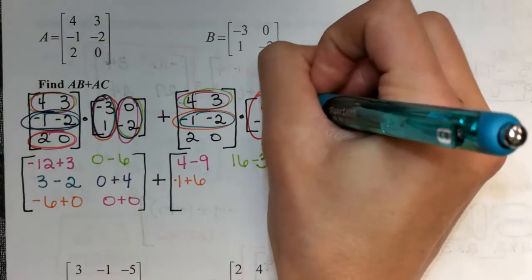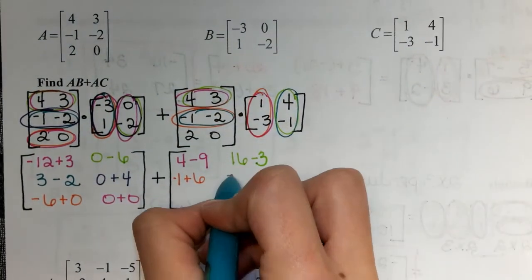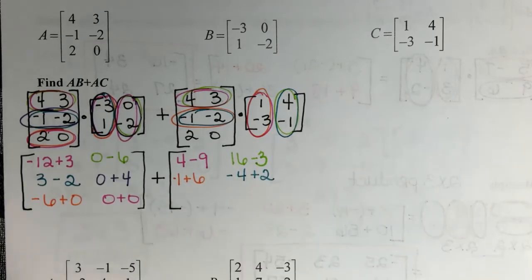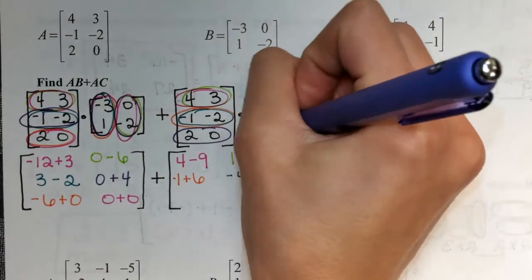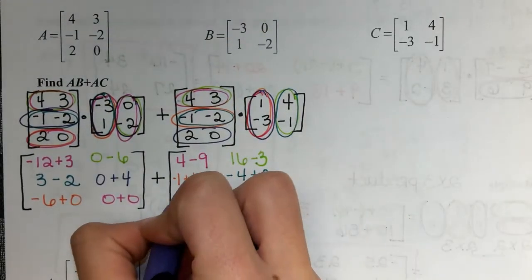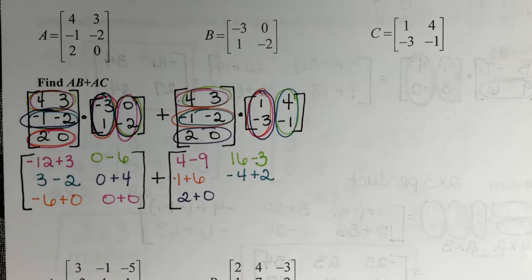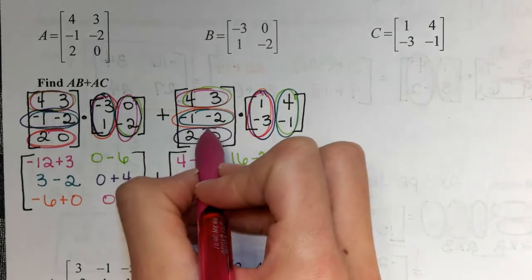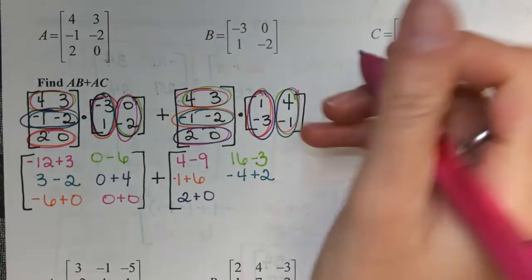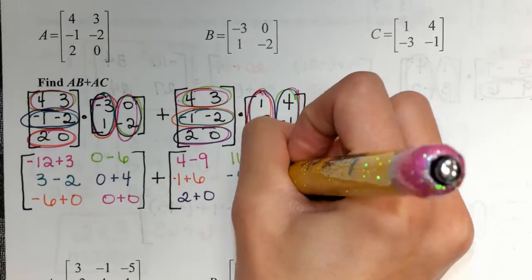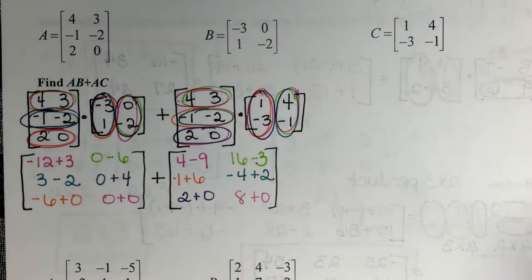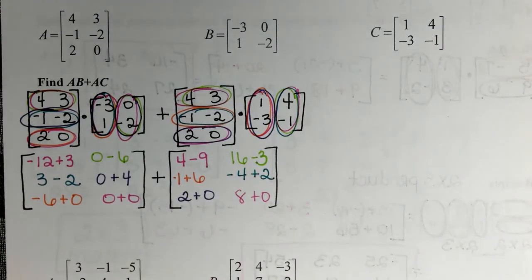Second row, second column. Third row, first column. Third row, second column. Y'all feel okay multiplying? Okay. I'm looking down instead of looking at y'all, so I want to make sure y'all are okay.